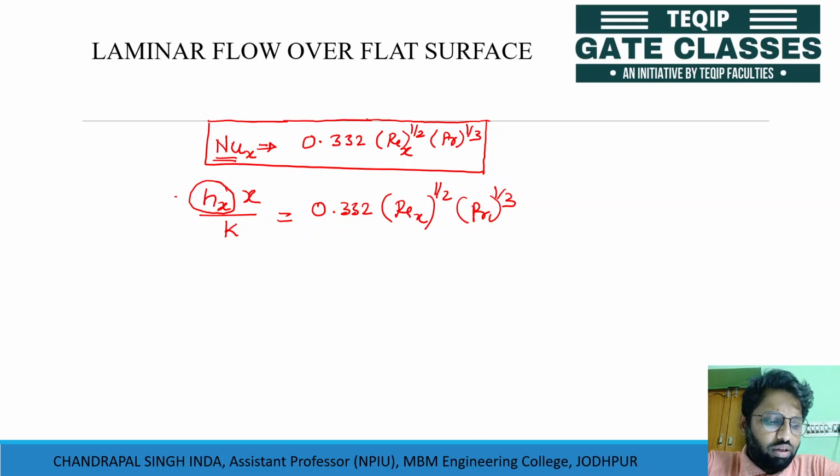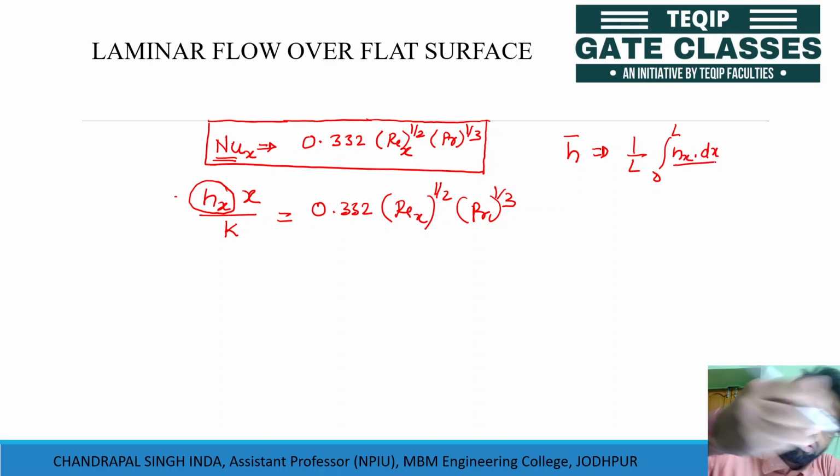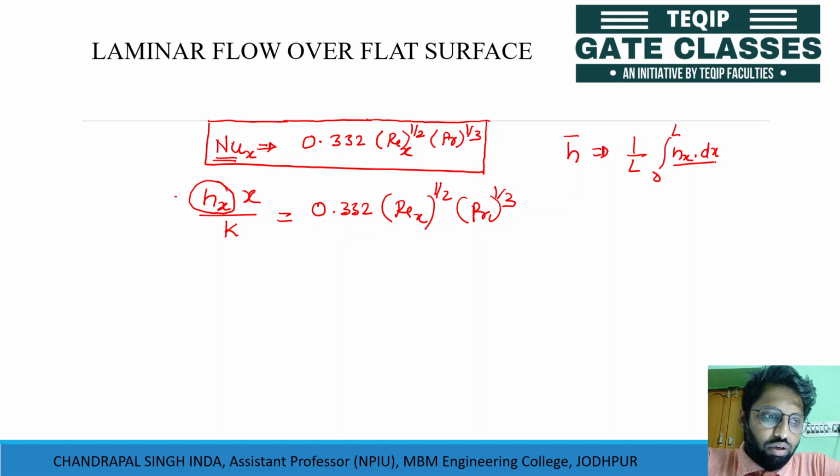Similarly, by the previous formula, we can find the average convective heat transfer coefficient, which will be equal to 1 by L, 0 to L, hx dx. So let's find the value of the average convective heat transfer coefficient.